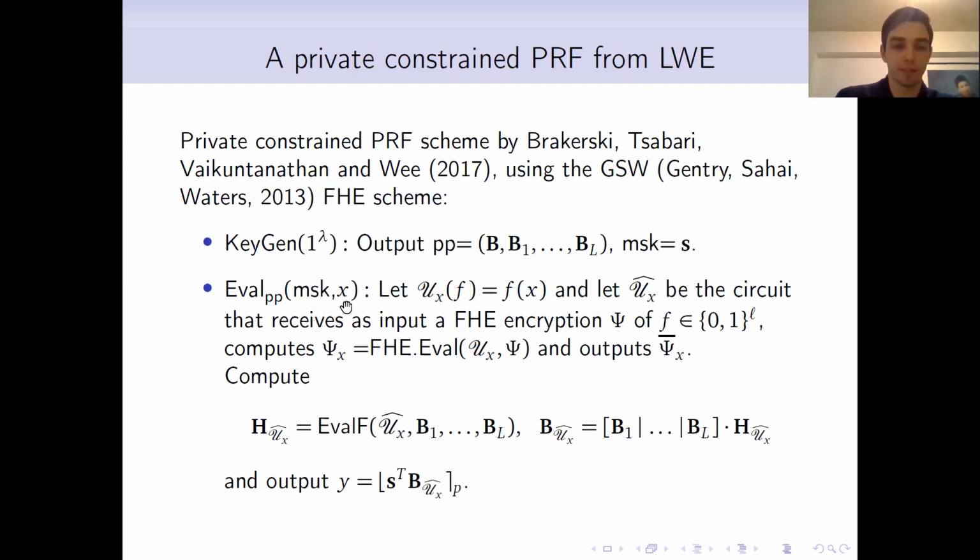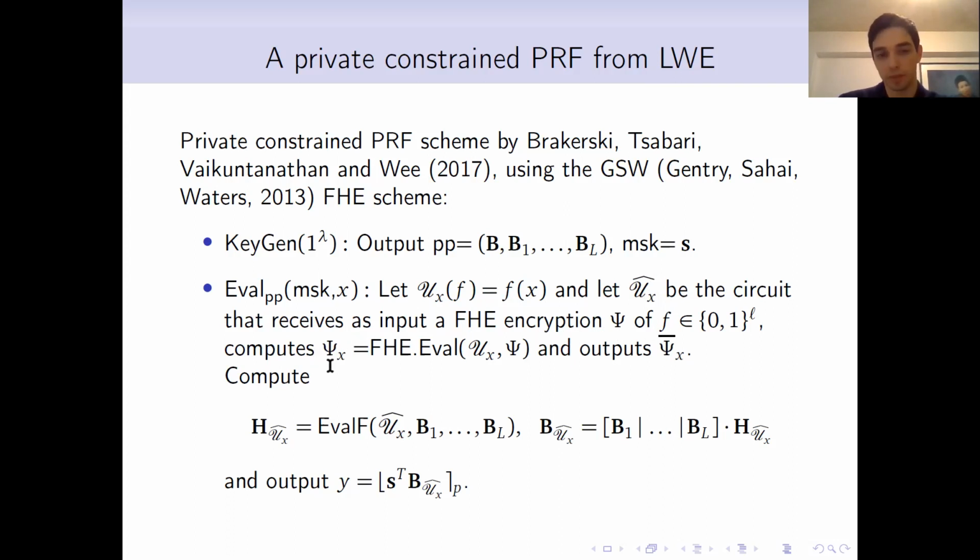To evaluate the function at an input point x, we let U_x be the circuit that receives the description of a function f and outputs f(x). And we consider this other circuit U_x hat, which does the following. It takes as input a fully homomorphic encryption psi of a function f.